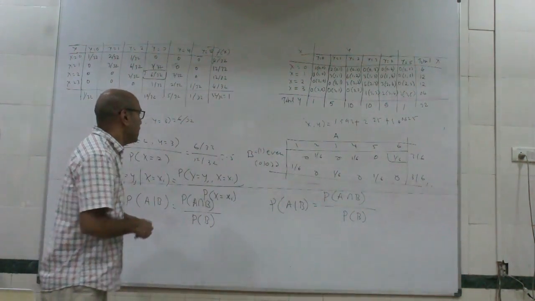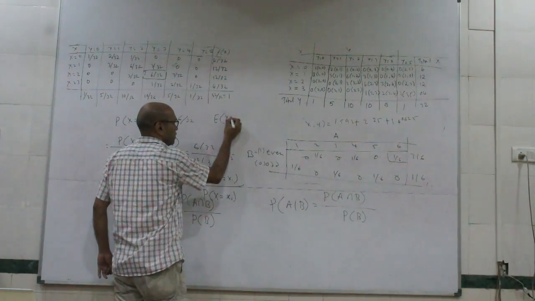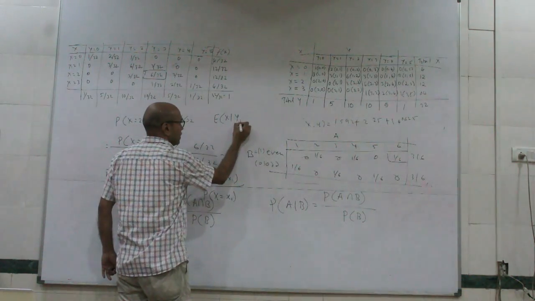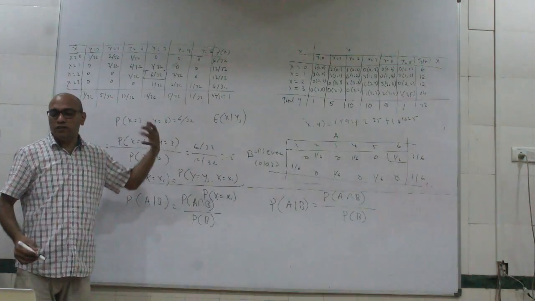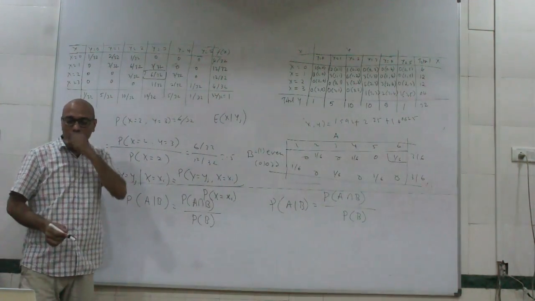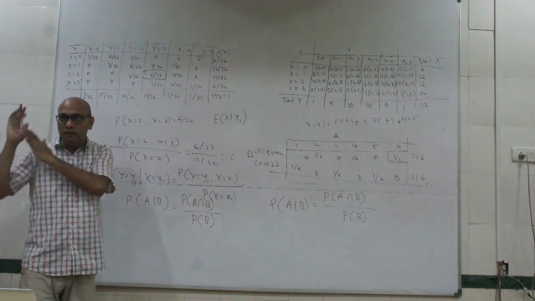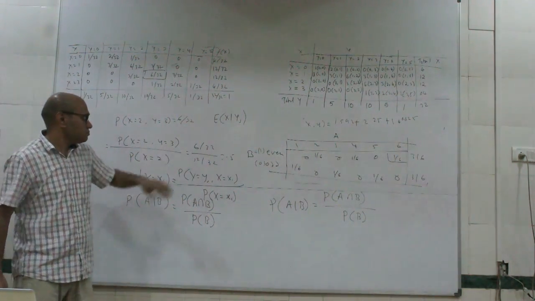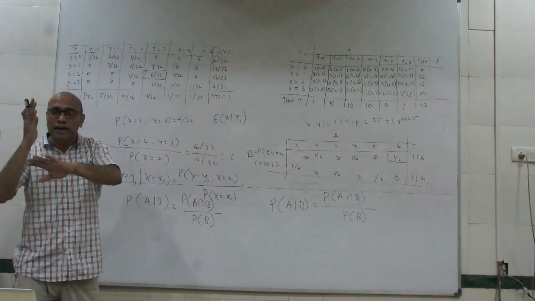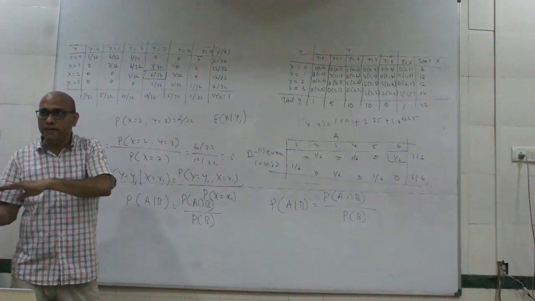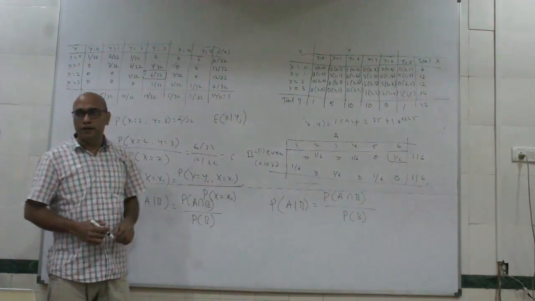I express conditional expectation as expectation of X given Yj. This means I take a value of X, along with the probability of that value given Y, and I keep computing it and get the expectation.